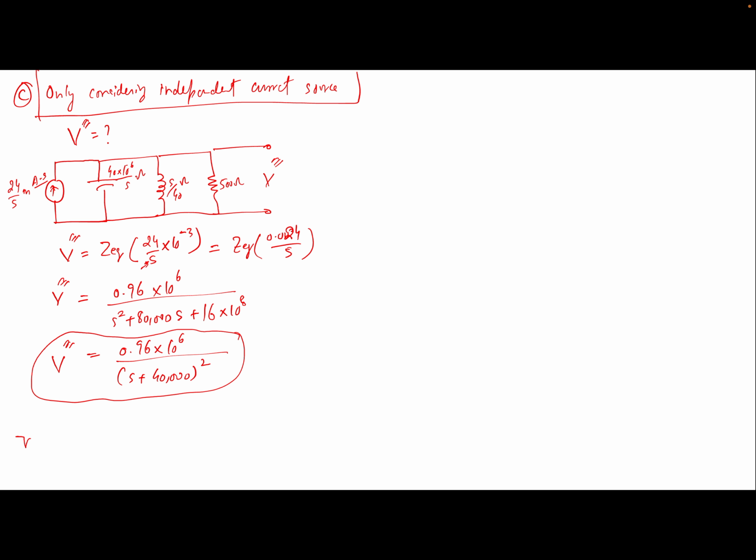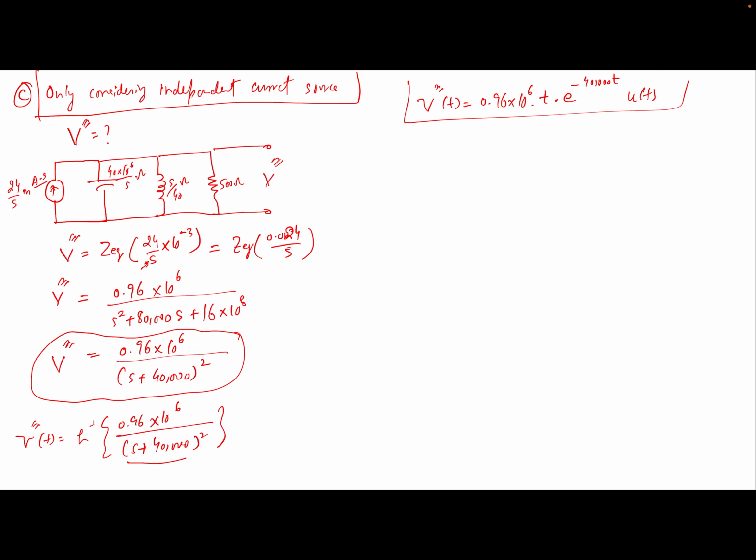Right, so V triple dash in the time domain is Laplace inverse of 0.96 into 10 to the 6 over S plus 40,000 whole square, which should come out to be 0.96 10 to the 6 as is. Since it is a square, we're going to get a t and then an exponent minus 40,000 t, times the step function.